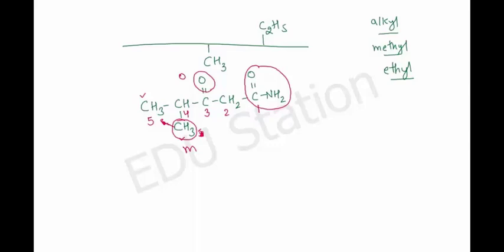So you will have 5 carbons, so it is pent, and 1 amide, pentanamide, and you have 4 methyl, 3 oxo. So 4 methyl, 3 oxo, pentanamide, this is the name.